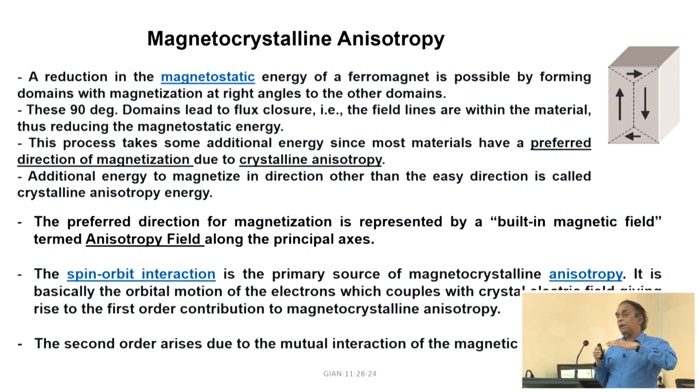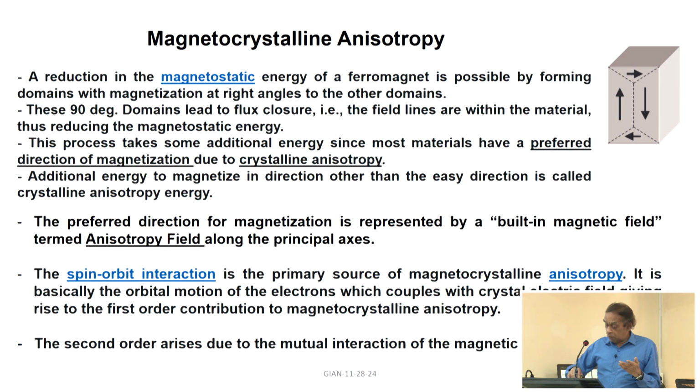So, when the magnetic field is applied in different directions, it takes more for you to do the magnetization in a particular direction, while some directions are easy. So, the easy directions behave as if there is an internal magnetic field present in the sample. That internal magnetic field is called the magnetocrystalline anisotropy field.